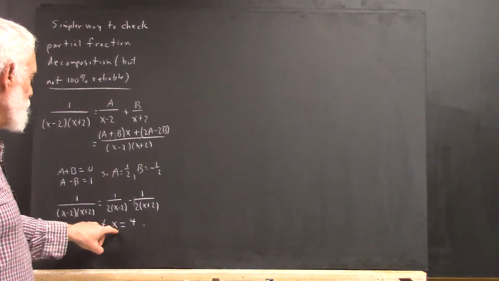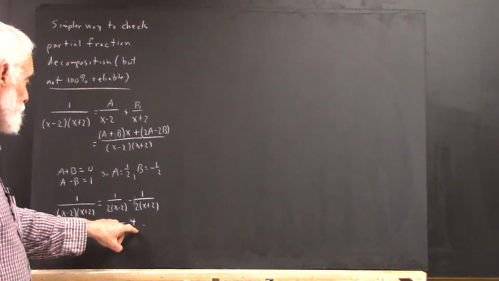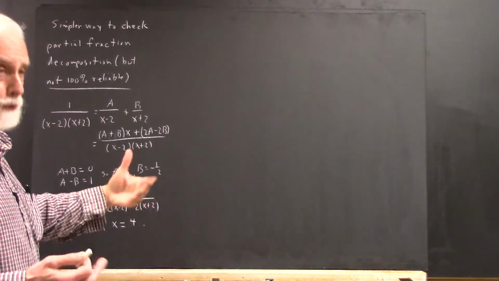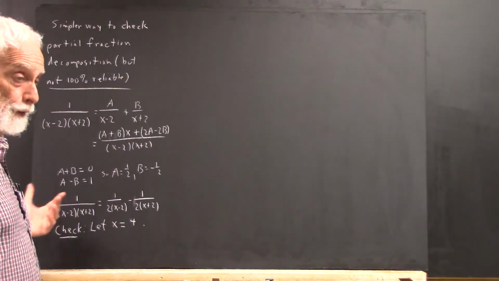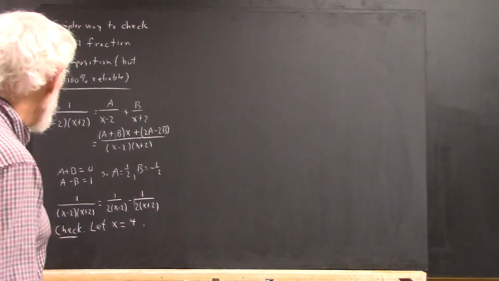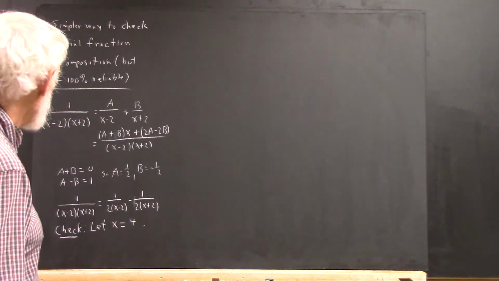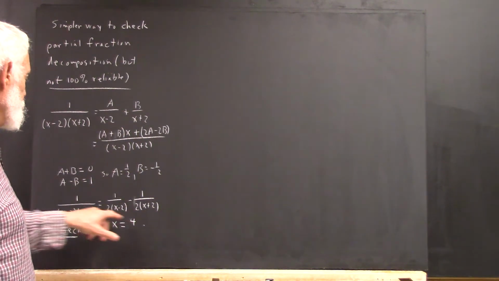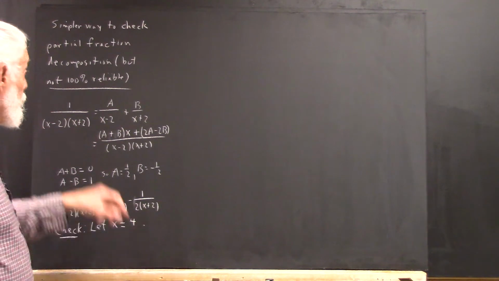We can just substitute some value for x, some value that doesn't make the denominator 0, obviously. If you try to substitute 2 in for x, you're going to get undefined quantities, and you'll know then to try something other than what you tried. If we let x equal 4, then we can see if these two are equal for x equal 4.